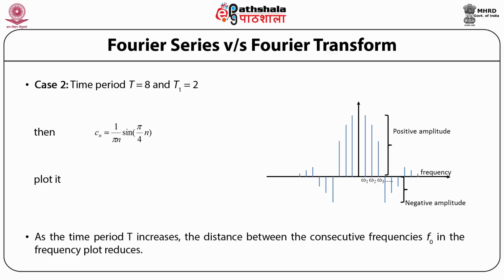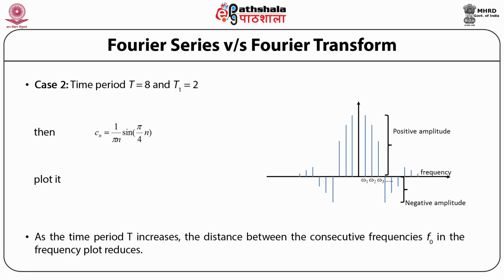Again we have both right side and left side, that means negative frequency and positive frequency, and of course negative frequency does not exist, and we will have some values of Cn with negative amplitude for some of the frequencies.